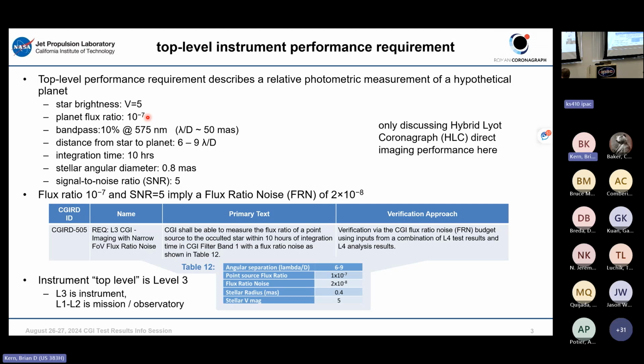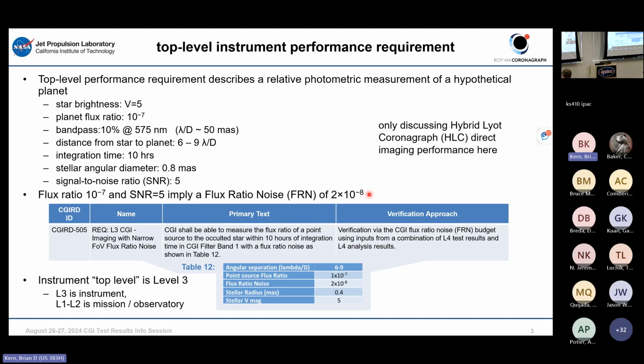So in real terms, the bottom line that matters is we are told, if we were given a hypothetical 10 to the minus 7 flux ratio planet, the job of the instrument is to make a measurement that is sensitive enough to give an SNR of 5 photometric measurement on that 10 to the minus 7 planet. So those two numbers taken together, 10 to the minus 7 flux ratio, sigma minus 5, says that the noise in the measurement that the instrument delivers, we can't deliver the planet, but we can deliver the measurement.